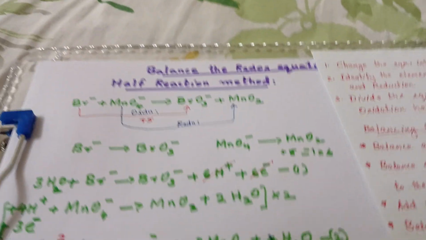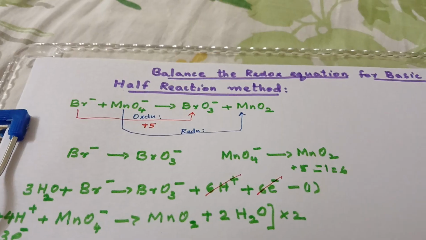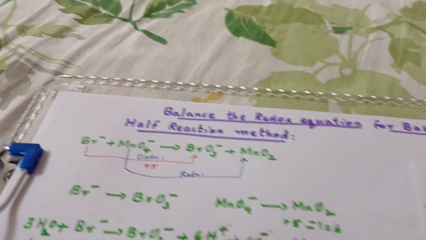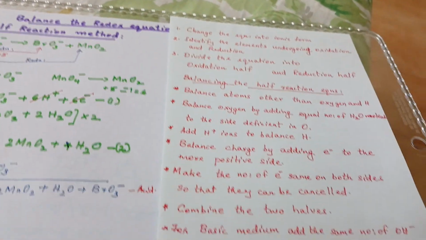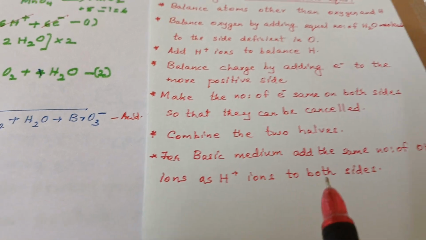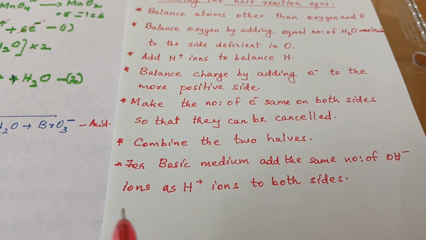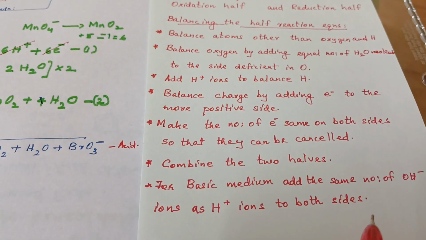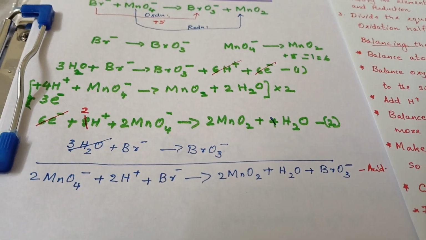What are we asked? We are asked to find it in the basic medium. So according to the question, for basic medium. So how do we do that? For making it in the basic medium, we need to add the same number of OH minus ions as H plus ions to both sides. So in a basic medium, there can't be any H plus ions.